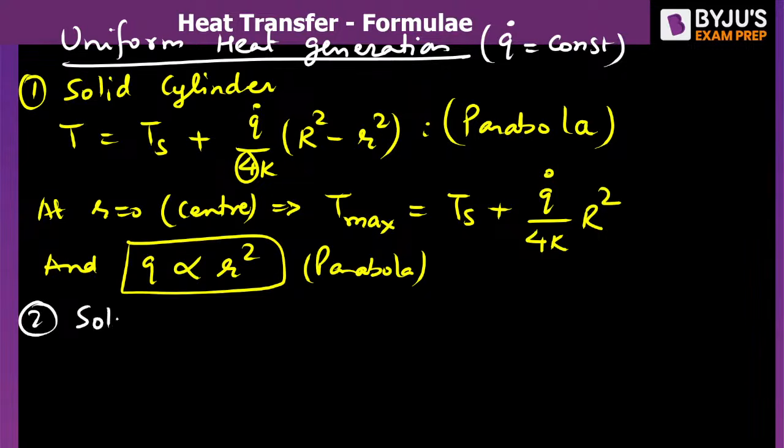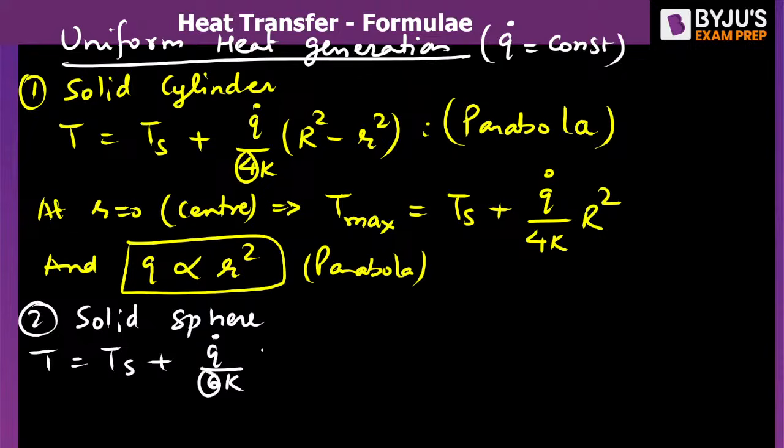Then for a solid sphere, what is the difference between solid cylinder and solid sphere? T is equal to Ts plus Q dot by 6K into (capital R square minus small r square). At r equal to 0, the center temperature is maximum.